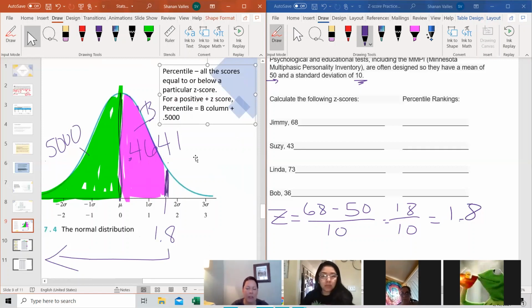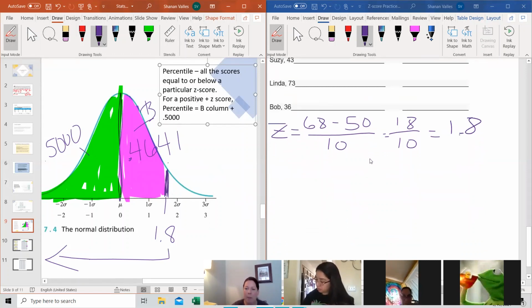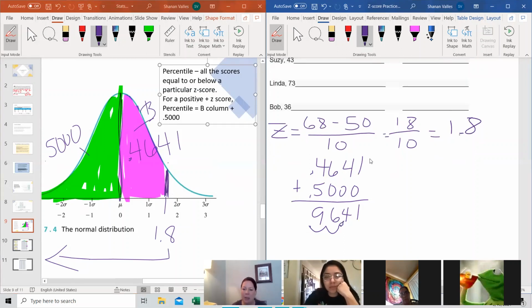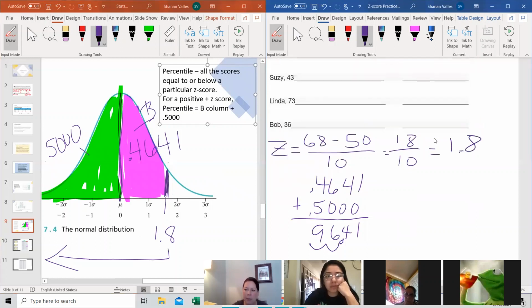Okay, always and forever. So for Jimmy here, if that's true, that it's always B column plus 0.5000, move that little decimal over 2 times because we're talking about percentages, percentile. He's in the 96.41 percentile.